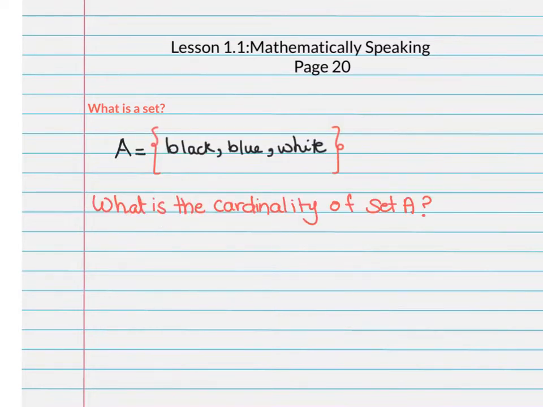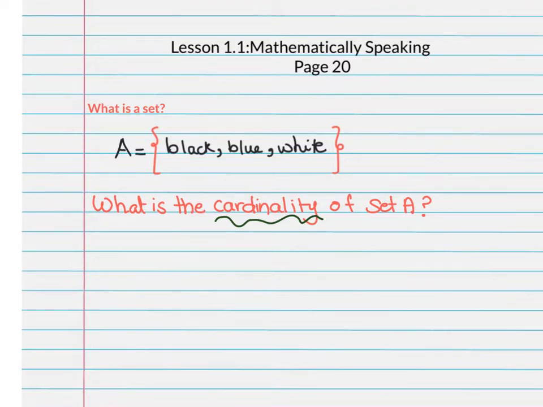One of the questions that could be asked related to sets, what is the cardinality of set A? First, let's explain what the word cardinality means. Cardinality means how many elements are there in set A. As you can see here, we have 1, 2, 3 elements in set A. Now, how do we represent that mathematically?